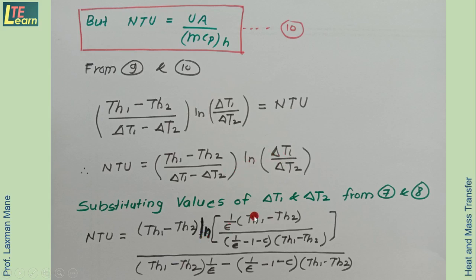Now delta T1, first of all, this expression at the numerator, and delta T2, this expression at the denominator, divided by TH1 minus TH2 upon 1 upon epsilon, this is for delta T1 and this is for delta T2.